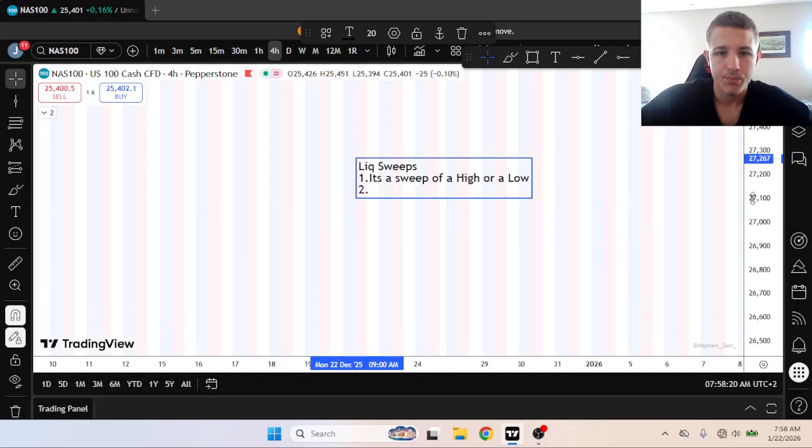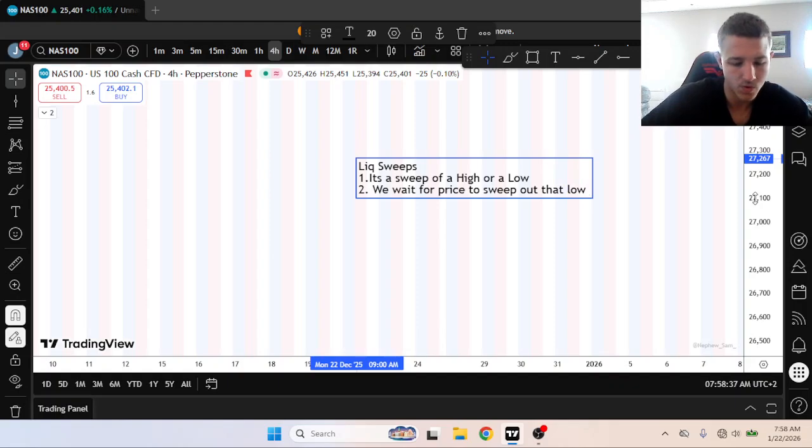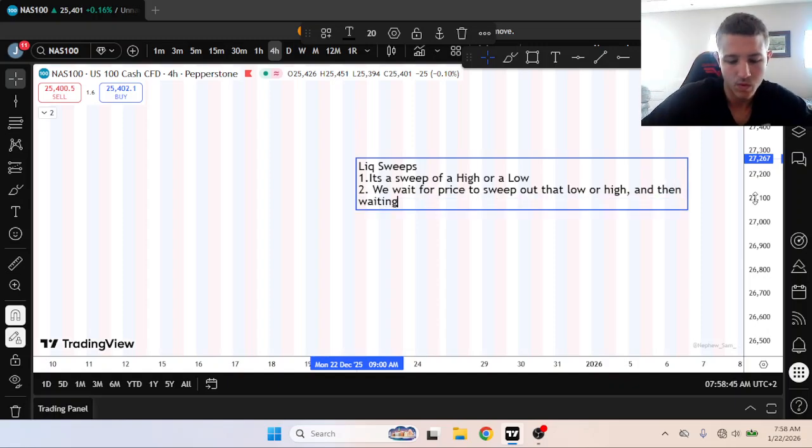Okay. We wait for price to sweep out that low or high, and then we wait for a reversal.